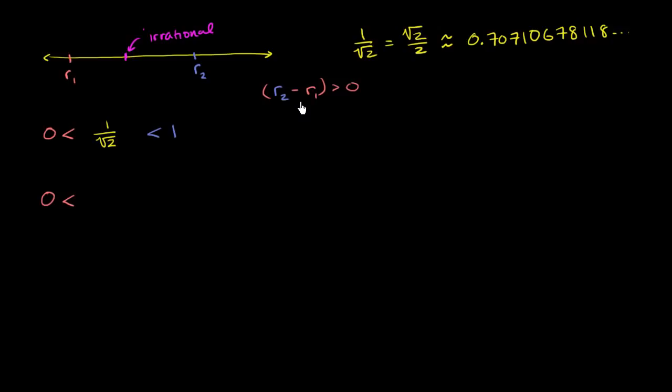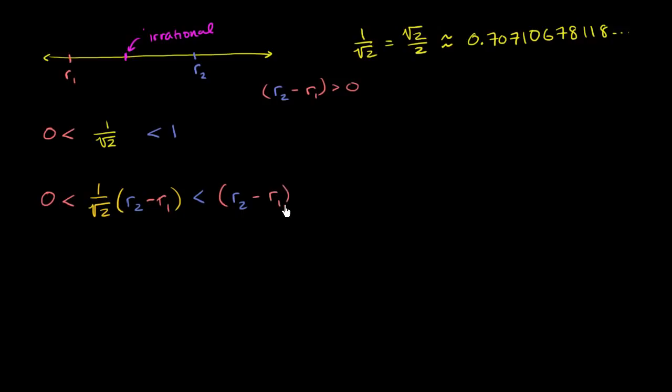1 over square root of 2 times R2 minus R1 is going to be less than, well, 1 times that is just R2 minus R1.